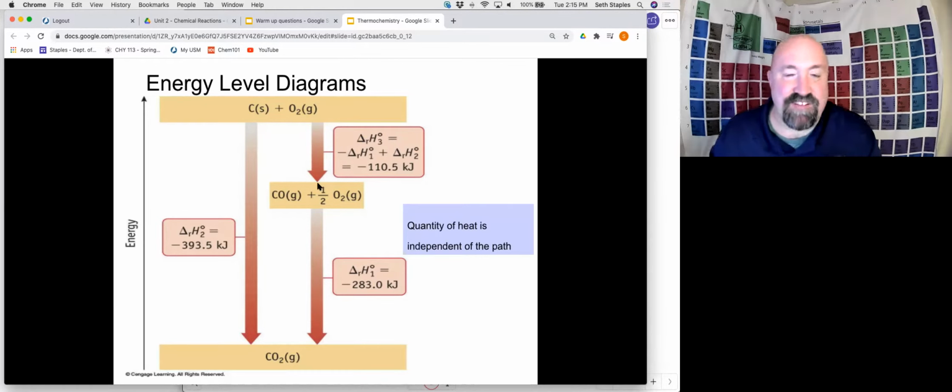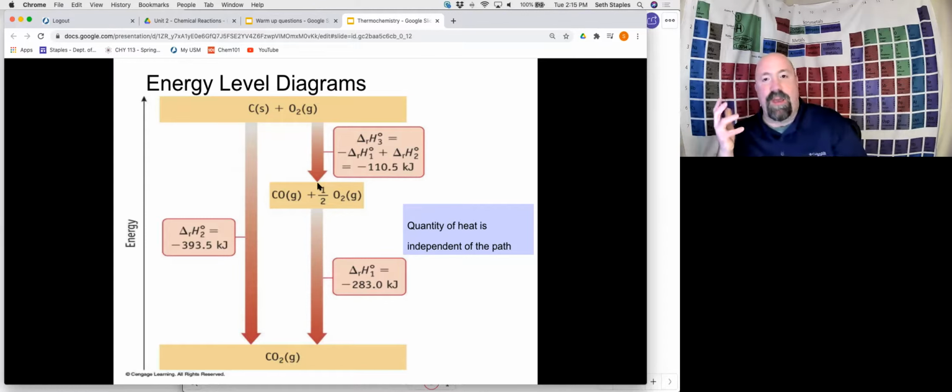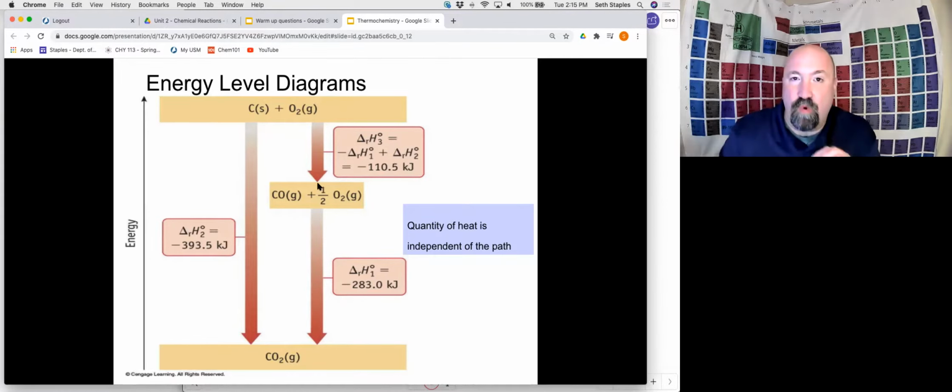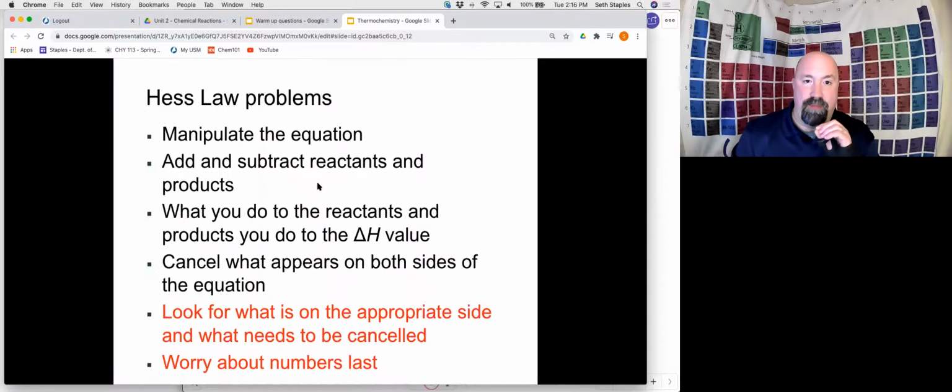That is the essence of Hess's law: that I can manipulate thermochemical equations that I have in order to look at a combination of equations to get me to where I want to go. When we look at the rules of setting up a Hess's law problem, this isn't going to make much sense until we do a few examples together, which we're going to do quite a few.